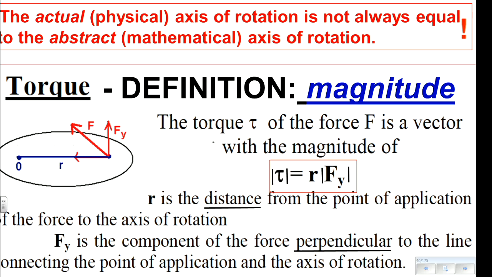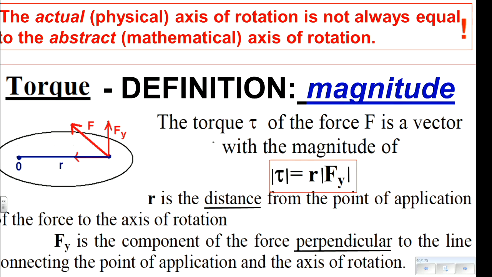R is a certain distance. It's very important to know the exact definition of it. The exact definition of R is the distance from the axis of rotation of your choice to the point of application of the force. In my experiments, the physical axis of rotation was very clear. It was here or there, the hinge.